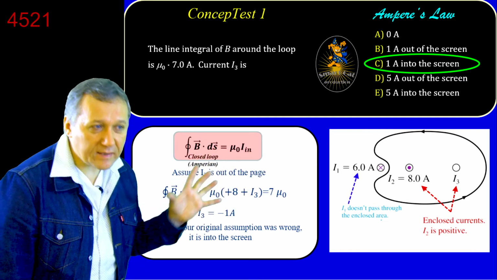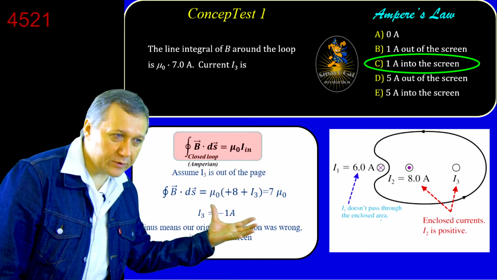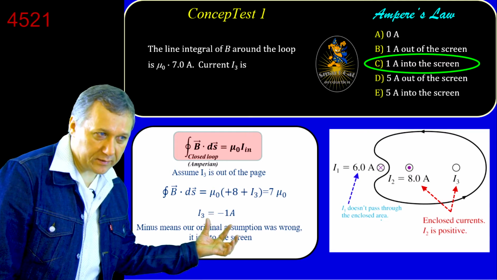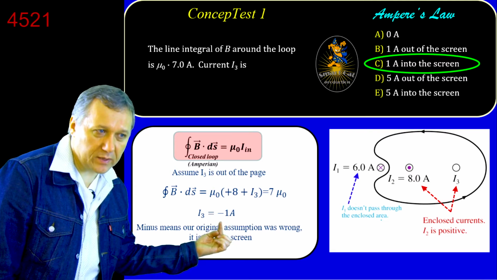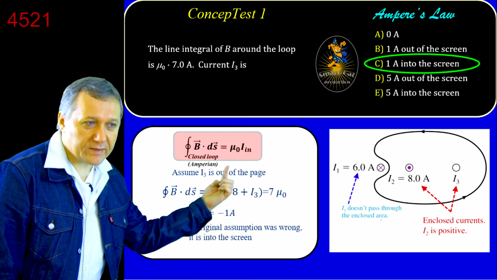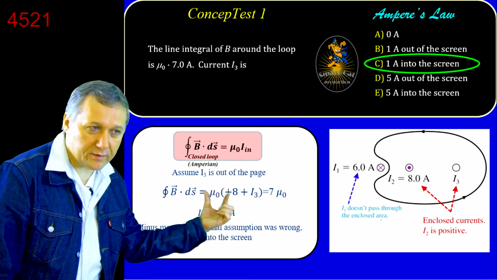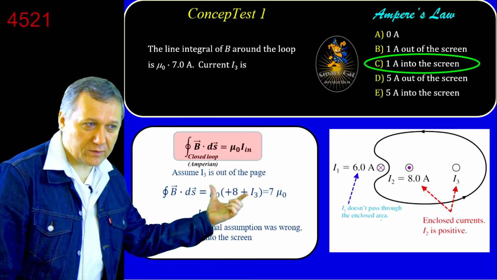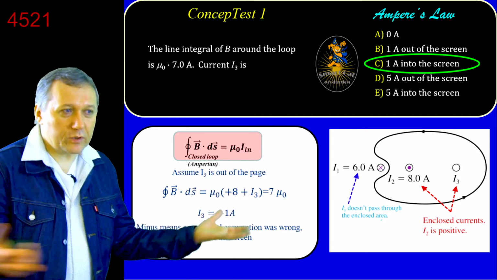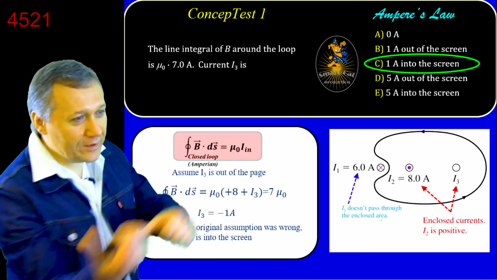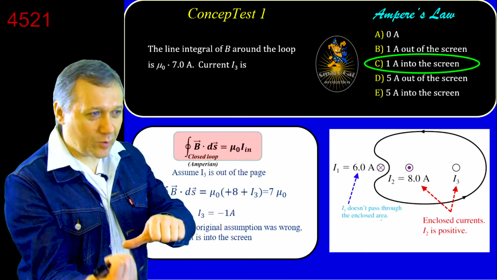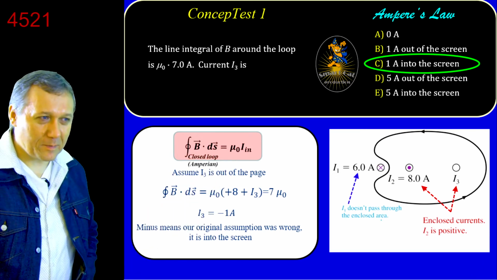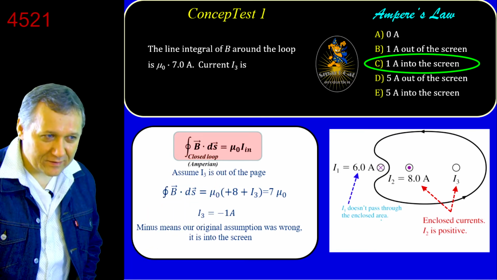Then using that assumption, I wrote Ampere's law and solved for I3, and my answer happens to be negative. What does this minus mean? It means that my assumption about the I3 direction was wrong. I assumed it was out of the page, and since there are only two options, out or in, if out is wrong, the correct direction must be into the board, into the screen. Does it make sense?